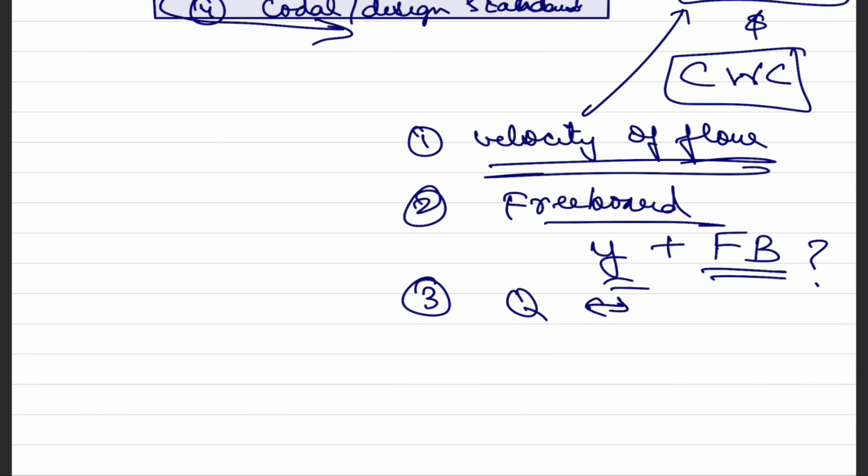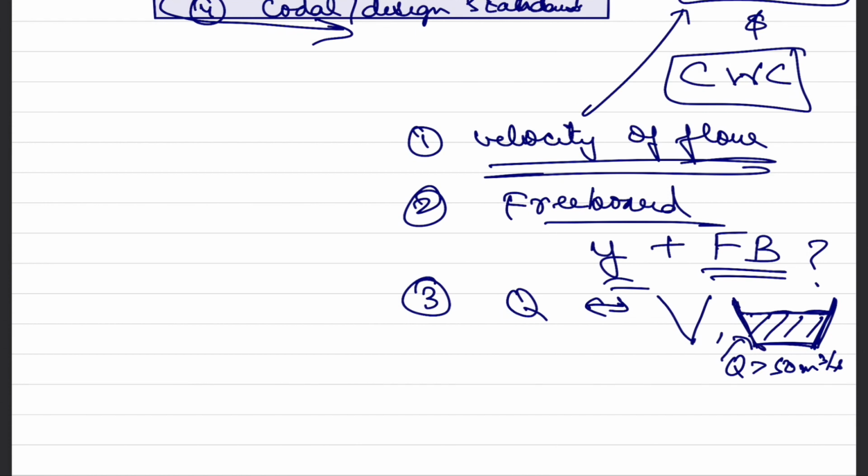So for example, if our depth of flow is very less, it is recommended that we should go with a triangular channel. If we are designing channel sections carrying Q, let us say, greater than 50 meter cube per second, it is recommended that we should design a trapezoidal channel.